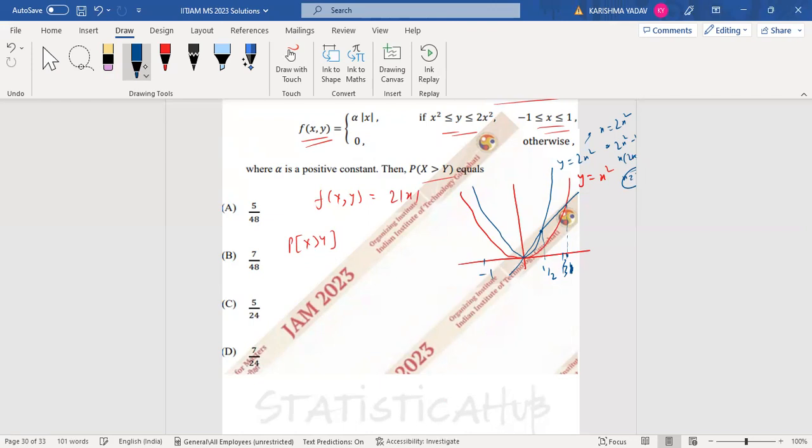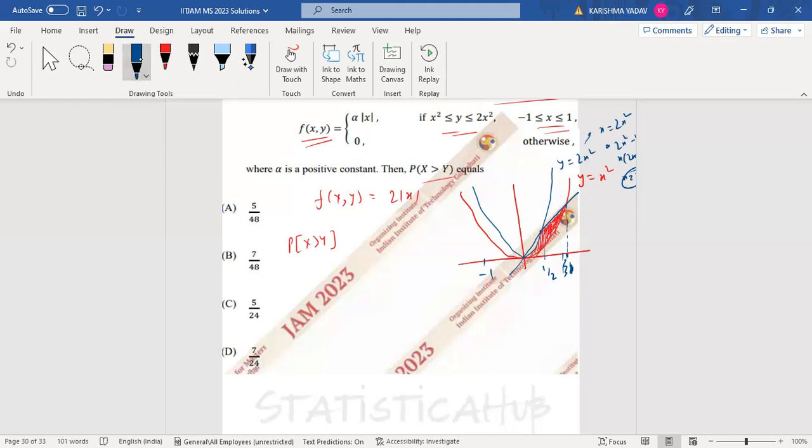So my corresponding region x greater than y would be this one. Draw it very carefully because it is a very jumbled graph. This is the region that we have, and we have to find the probability for this region, that probability x greater than y.